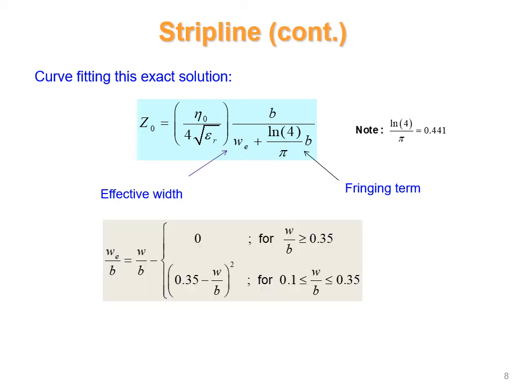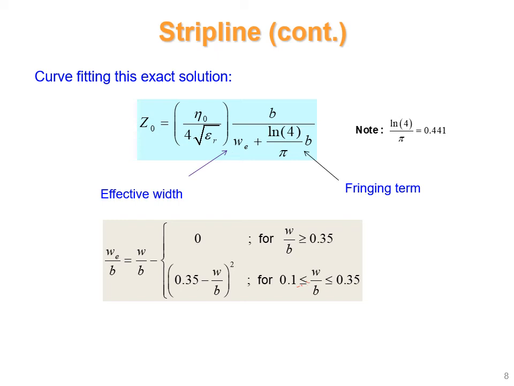Then this parameter WE, the effective width, divided by B, is equal to W upon B, the actual width divided by the height of the dielectric material, and there are two possible solutions for this: W upon B minus 0 for W by B ratio greater than or equal to 0.35, or if the W by B ratio is greater than 0.1 and less than 0.35.